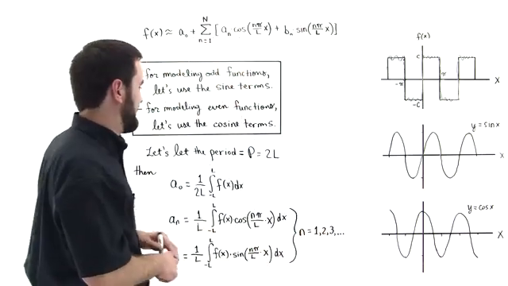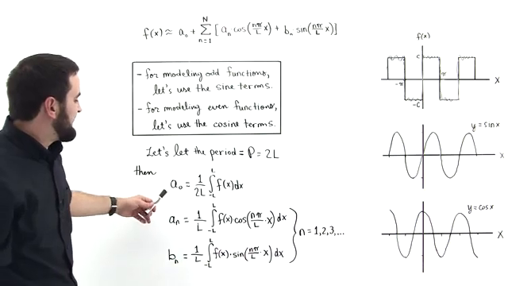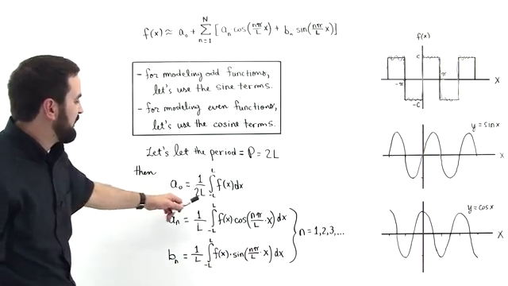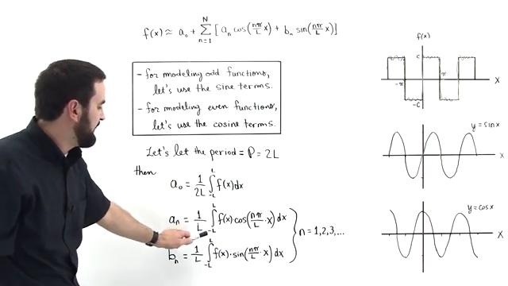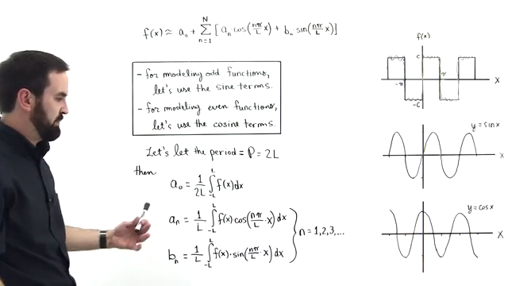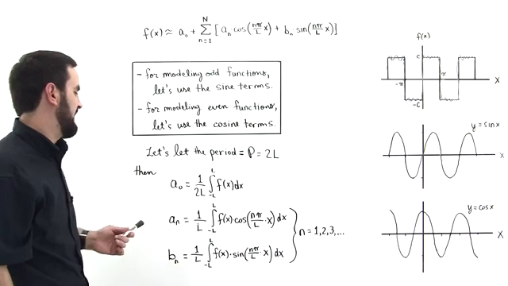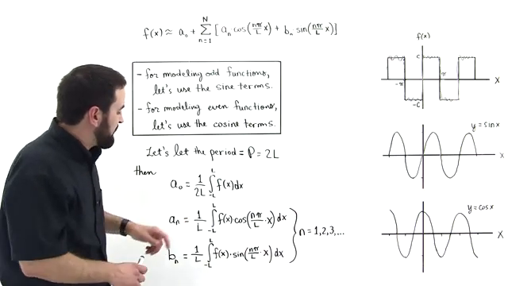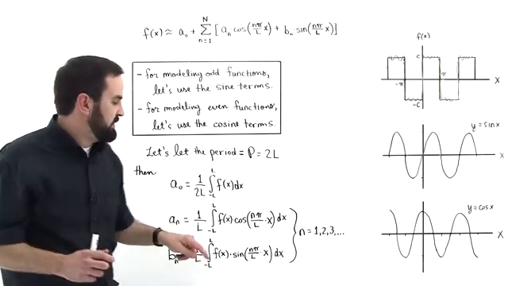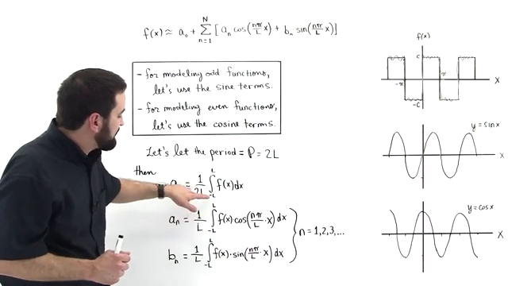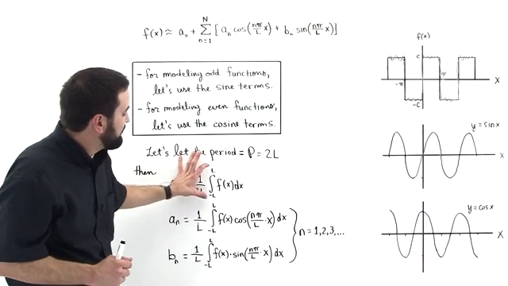The squiggling lines. Okay, so you see that for A0, it goes from negative L to L. They're all integrating from negative L to L. So half the period, right? Half the period to the positive of the other period. But notice, it's all one period. This thing goes from negative L to L, so that's one wavelength, isn't it?